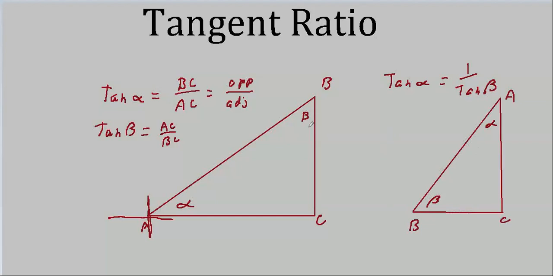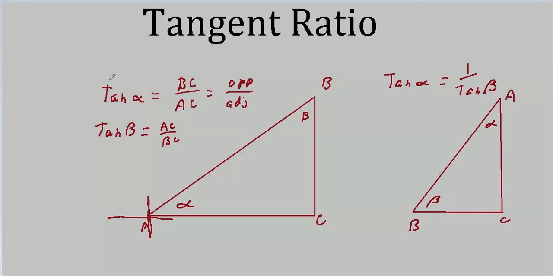Here's beta over here. I just had to lay this down and then flip it over. Because if we're looking at this angle, now the opposite is AC and the adjacent is BC. Get it?